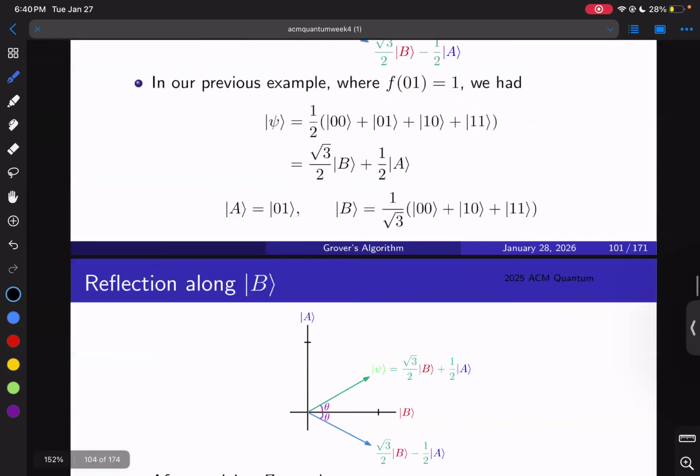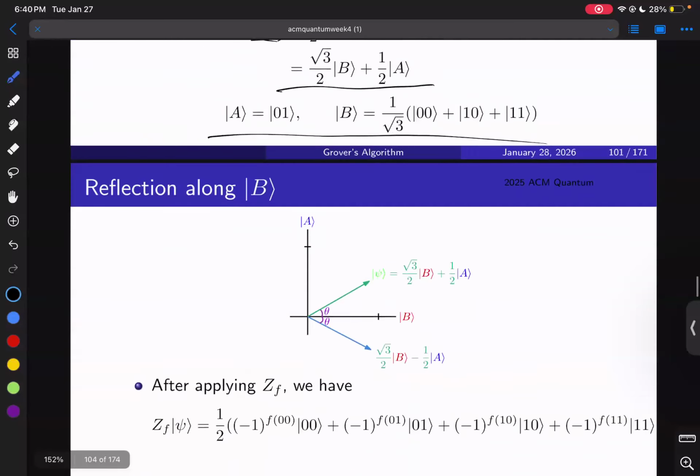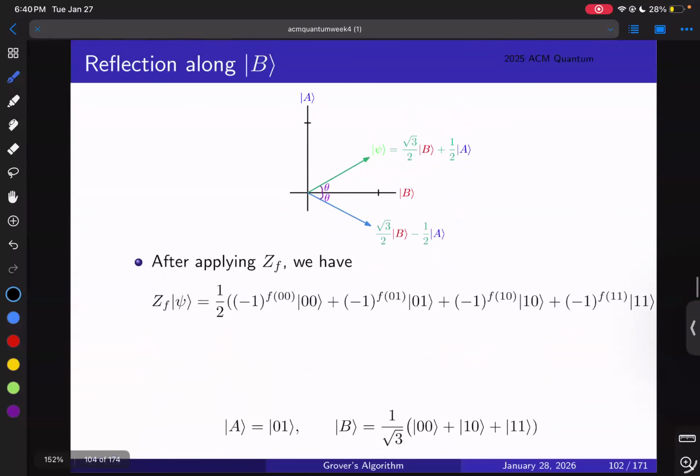Here I just work it out. In the previous example, when we apply the Hadamard layer, psi is √3/2 B plus 1/2 A. Here are the definitions of A and B again. When we apply ZF, we get on the 00 state (-1) to the F of 00, on the 01 state (-1) to the F of 01, (-1) to the F of 10, (-1) to the F of 11.